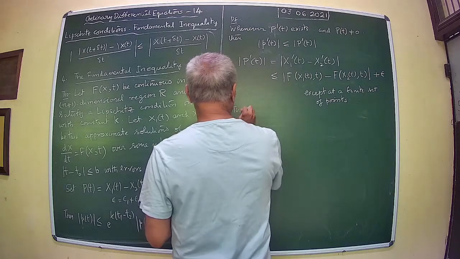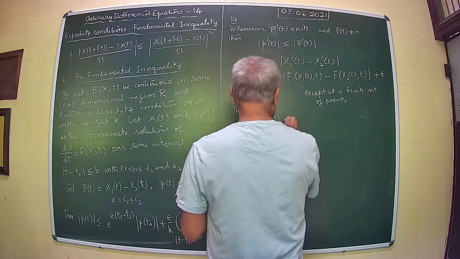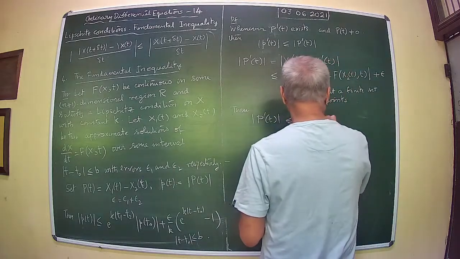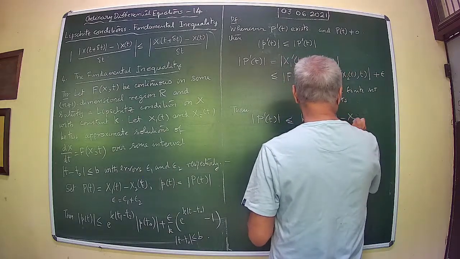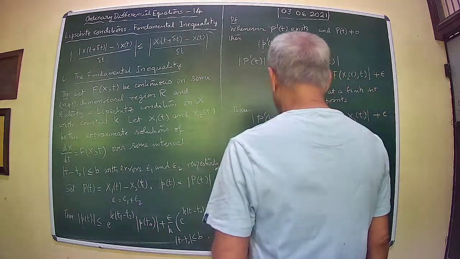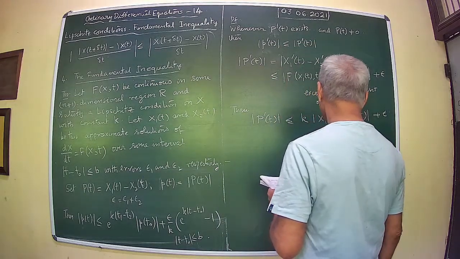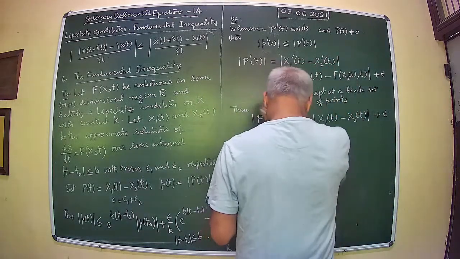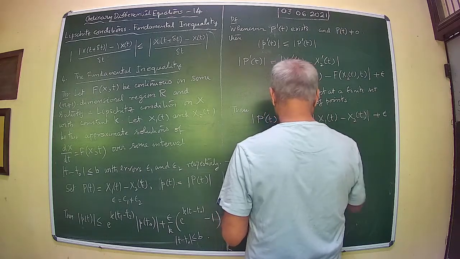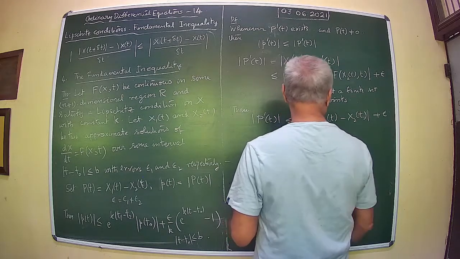Then the norm of this is less than or equal to k times norm of this, that is using the Lipschitz condition. And this is equal to k times pt.